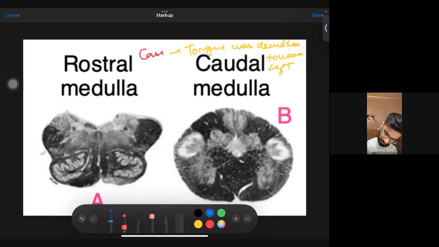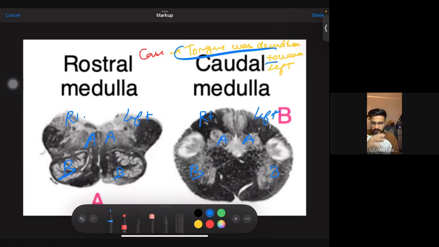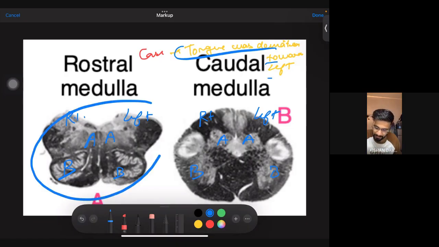Lesion यहाँ पे होगा या यहाँ पे होगा या यहाँ पे होगा या यहाँ पे होगा. And this is right, this is left. Similarly here, right, left, A, B. I am saying tongue was deviated towards left. Now tell me इसमें लीजन A पे होगा, राइट A पे होगा, लेफ्ट A पे होगा, राइट B या लेफ्ट.